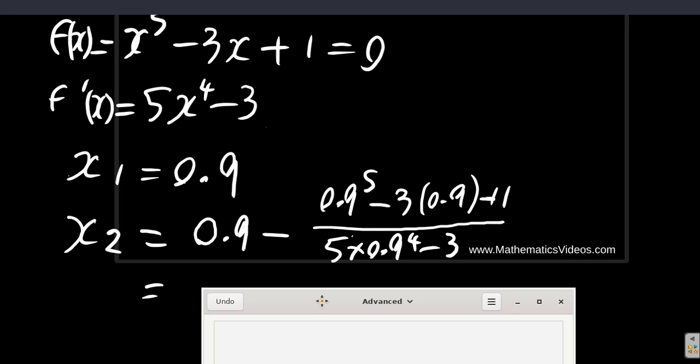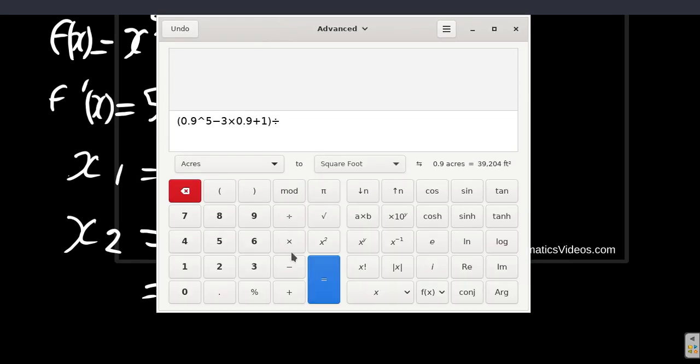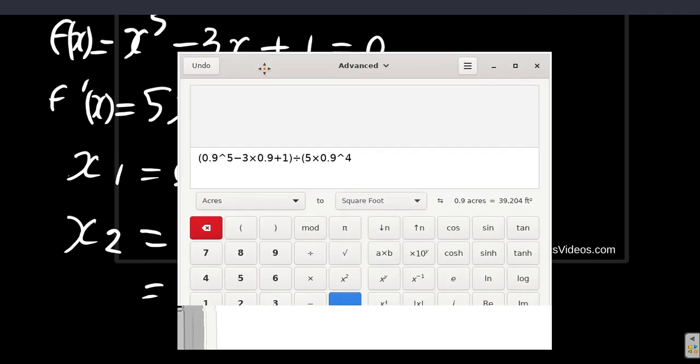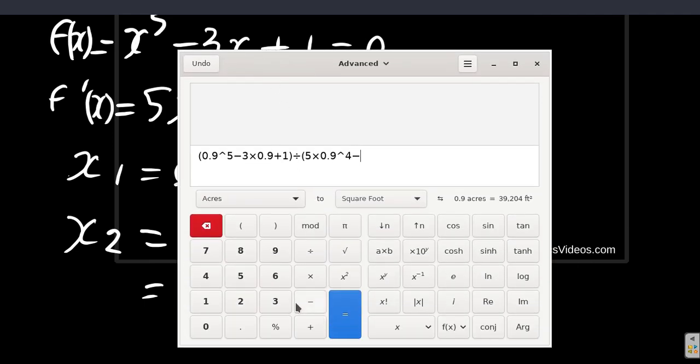5 times 0.9 raised to the power of 4, minus 3, close bracket.